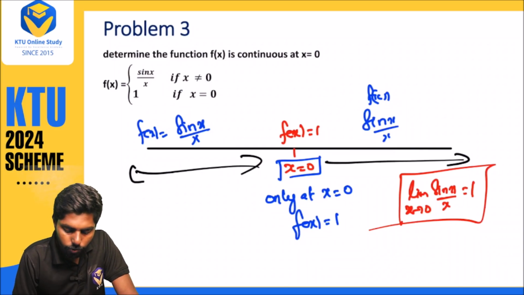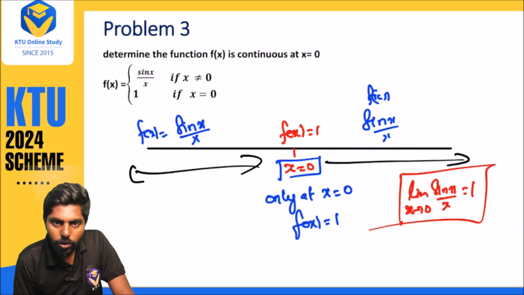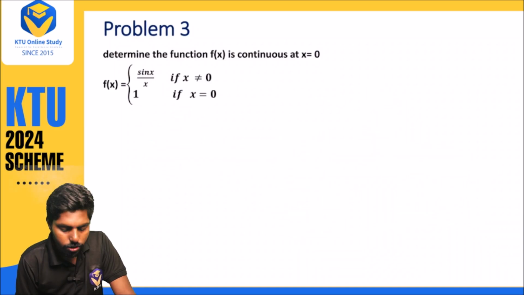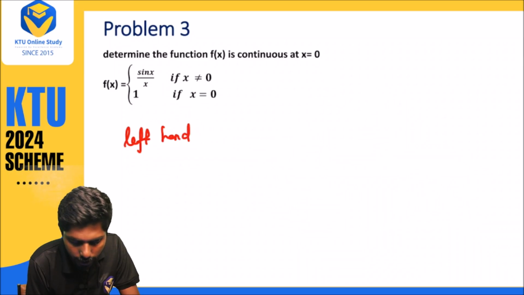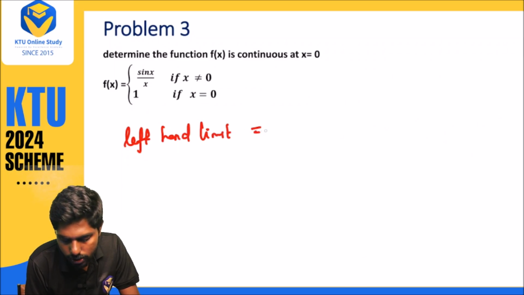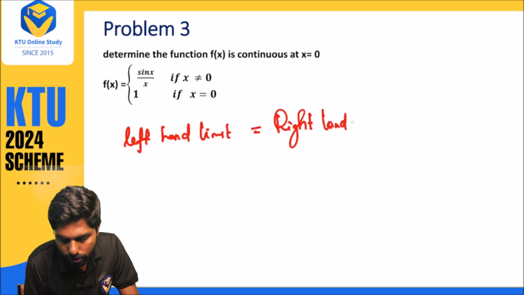Okay, so we will go to the problem. We have drawn the diagram. So what is our second condition? The second condition is that the left hand limit is equal to the right hand limit. So what is our left hand limit?